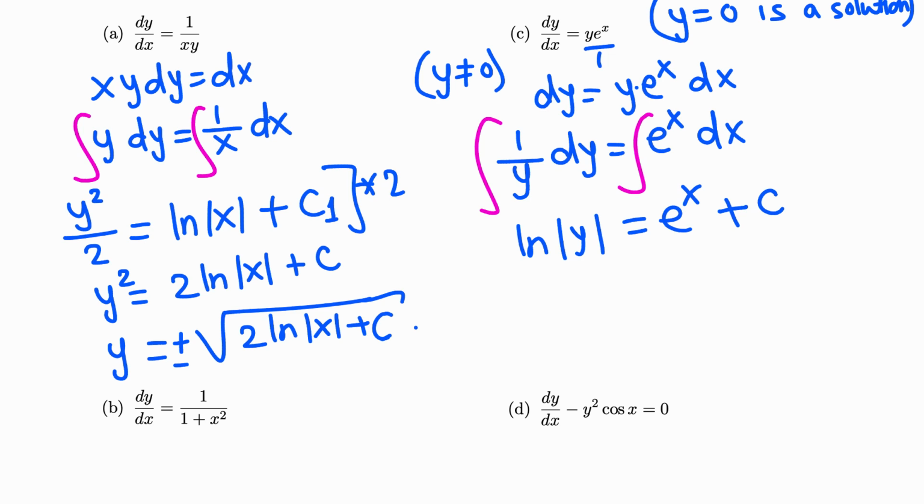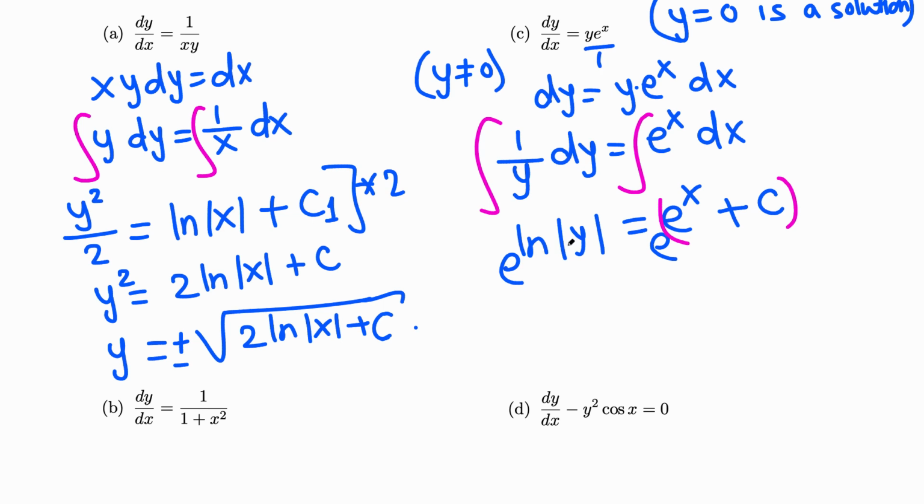To isolate y, exponentiate both sides so that we can cancel ln, because ln and the exponential with base e are inverses. So e raised to the whole thing on the left-hand side, e raised to the whole thing on the right-hand side.